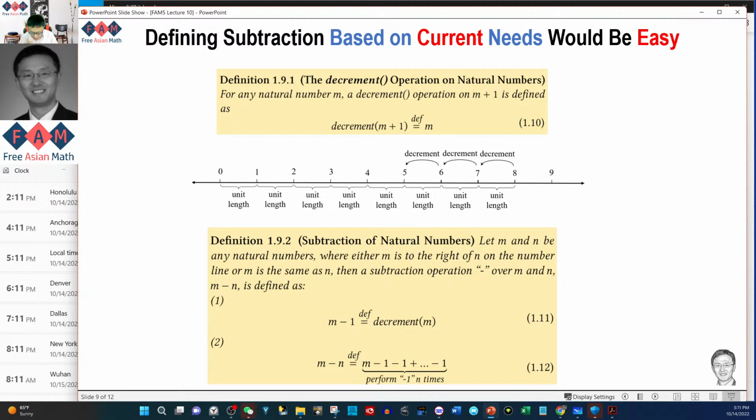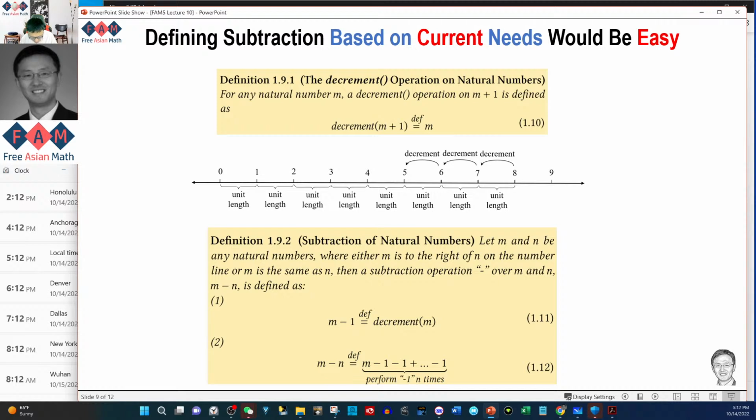That's the only concern. And what is m minus n? Subtracting n, it's just that from m, we do this decrement n times. You can see that this definition is just a kind of mirror image of how we defined addition, right? And that is exactly what it should be. So m minus n is just performing this subtracting 1 n times.